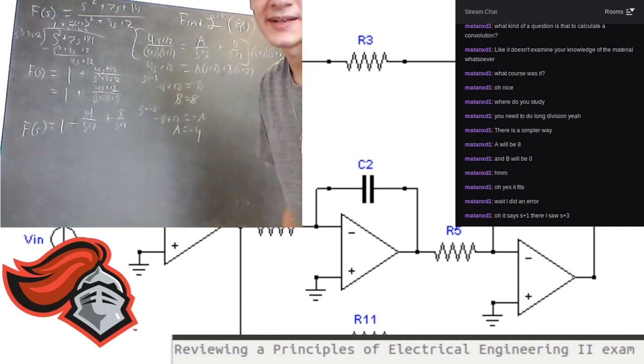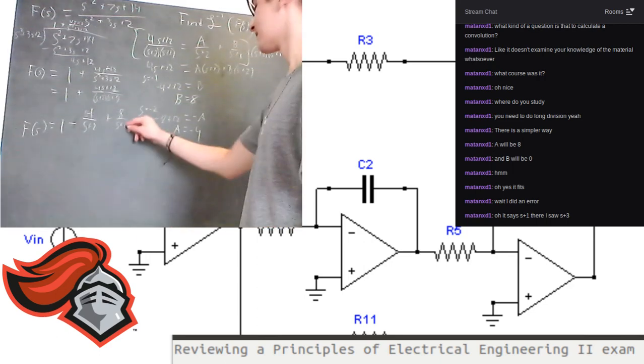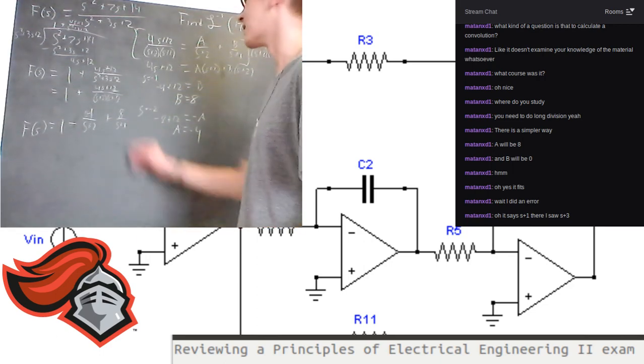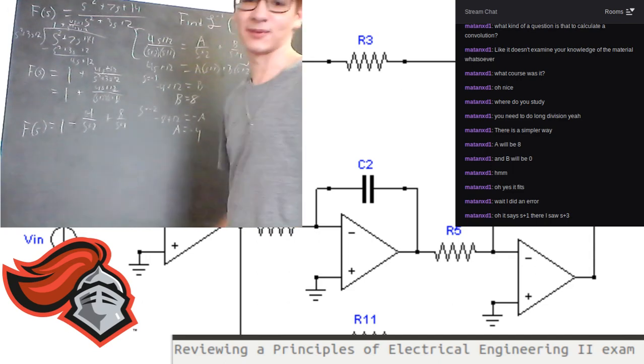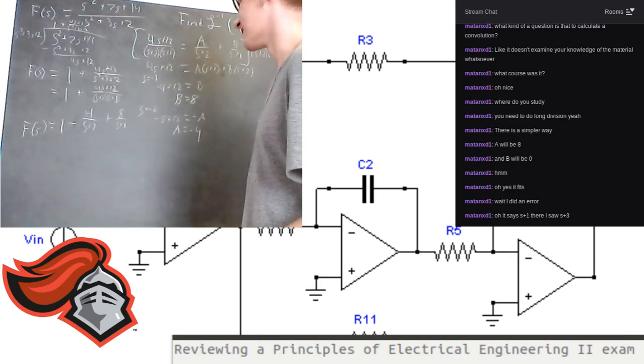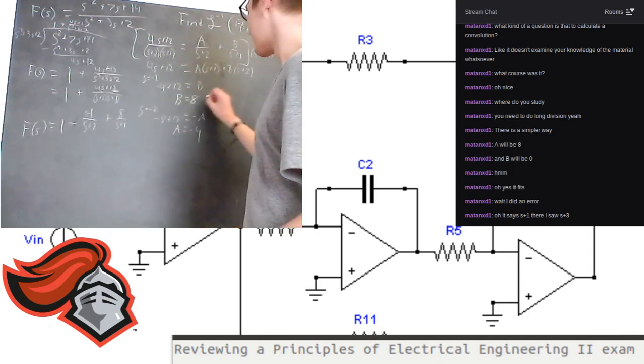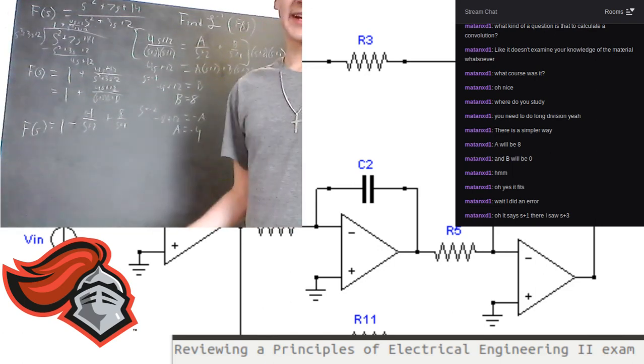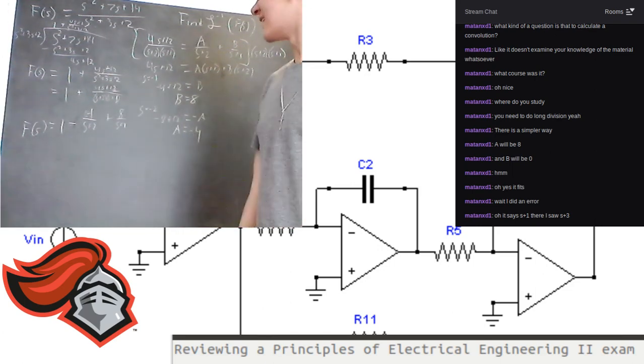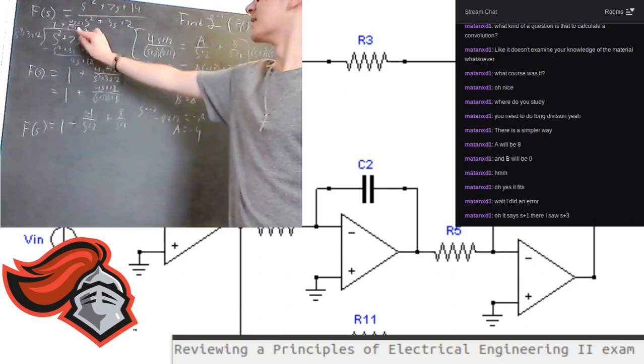B equals 8, A equals -4. I should write a little bigger, because my webcam isn't the highest quality. And believe it or not, this is kind of what I got, even though I made the mistake of not doing this step.